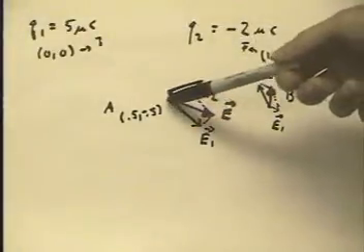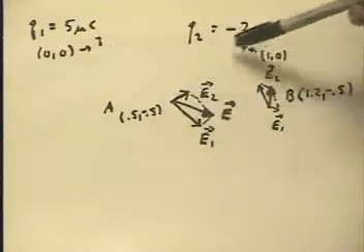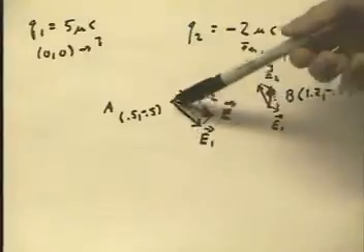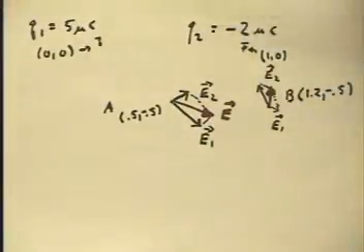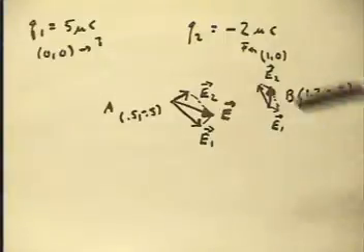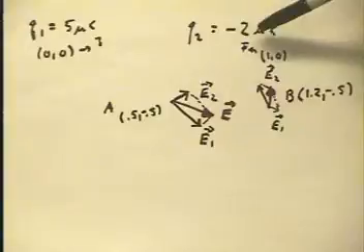Now, to estimate the relative strength of E1 and E2, we note that since we're at the same distance, the proportion of the field strengths will simply be the proportion of the magnitudes of the charges. Q1 has magnitude 5 microcoulombs, Q2 has magnitude 2 microcoulombs, so the electric field due to Q1 will be 5/2 as great as that due to Q2.